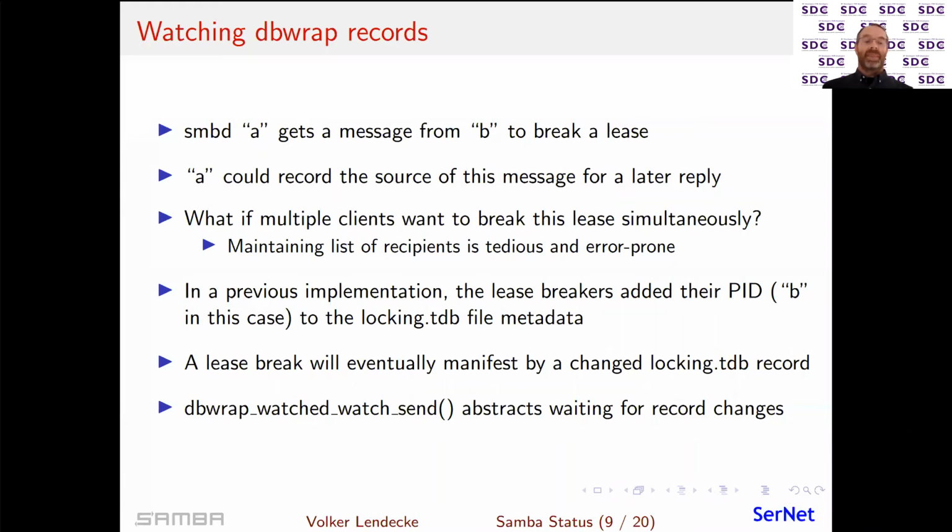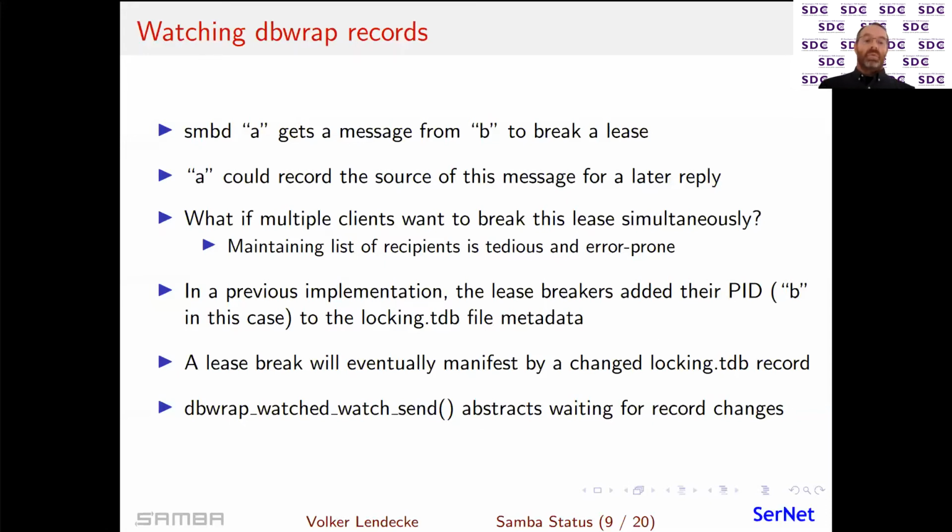What we did in a previous implementation, the lease breakers, in this case B, the second one trying to have the lease broken, added themselves to the logging.tdb file metadata. And so a lease break will essentially be put down in the logging.tdb record, and process A will notice, hey, there is a waiter.